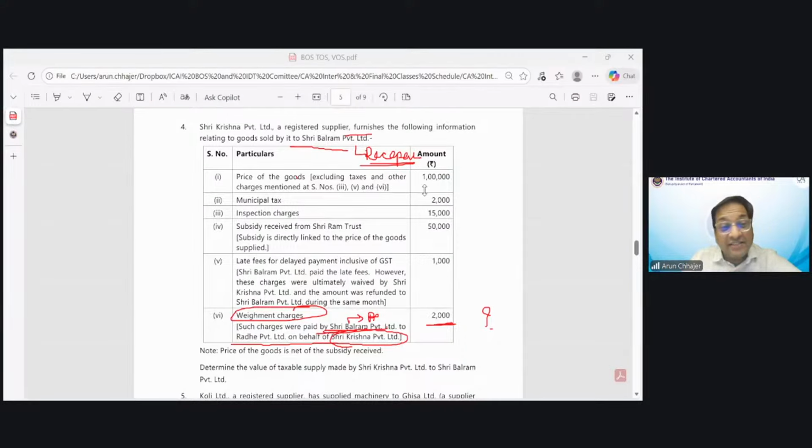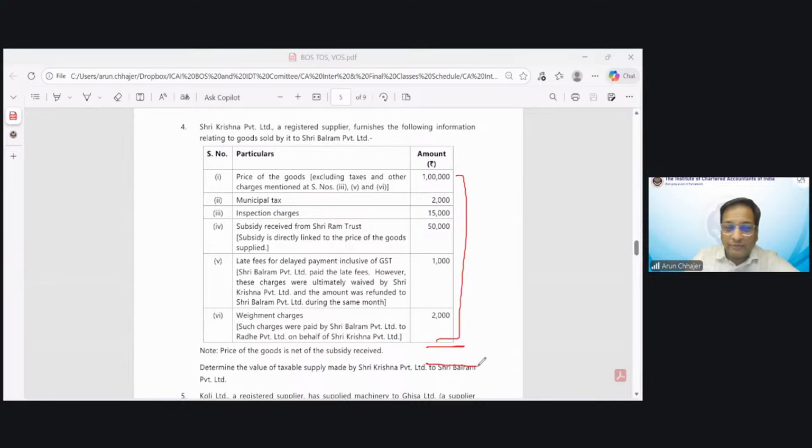And if that charge is not added, then I will add the same. He can recover. Yes, yes. So in the invoice we have to add it. So correct. So what is the total amount?